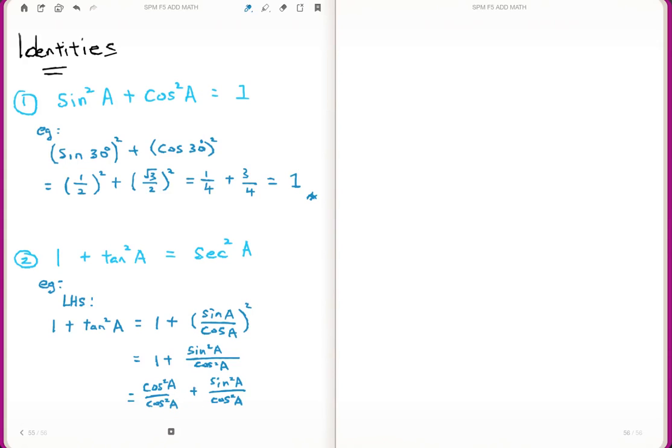So cos squared A plus sine squared A is basically equal to 1 over cos squared A. Why did I multiply? Because I want to make the denominators the same. If you have the same denominator, then I can sum them so that I can get secant squared A, which is therefore equal to secant squared A, right?